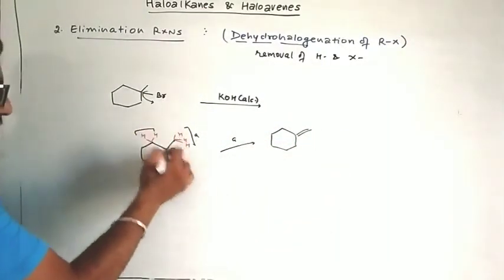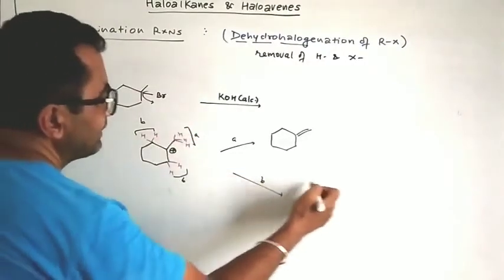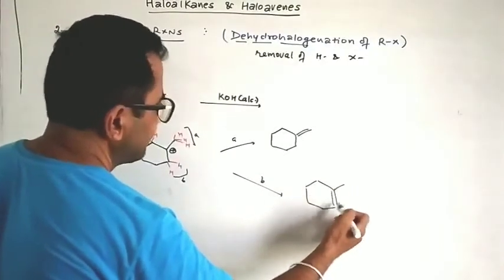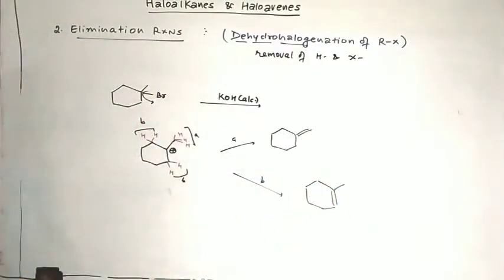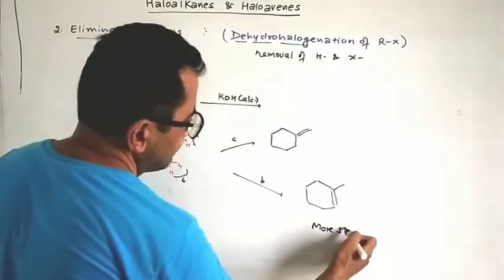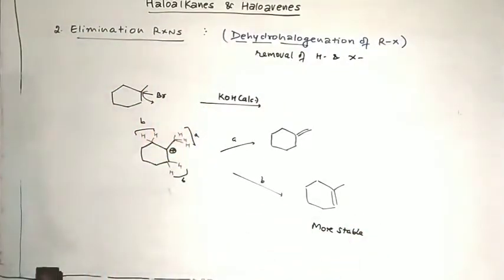So these are suppose B. So when you remove B, you will get either this side double bond or that side, doesn't matter. So out of these two alkenes, this is more stable. That will be the major product.